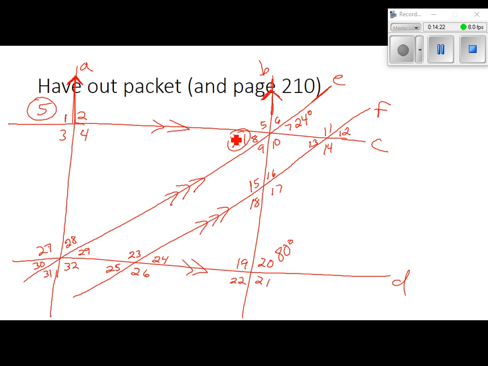What's this angle? 6. 6, 24, which one is it? If I do E, F, and that, it's angle 6, isn't it? What's this angle? Is it just 10?